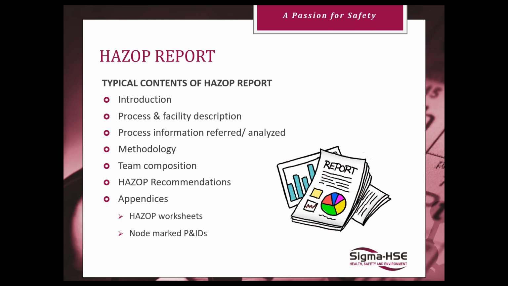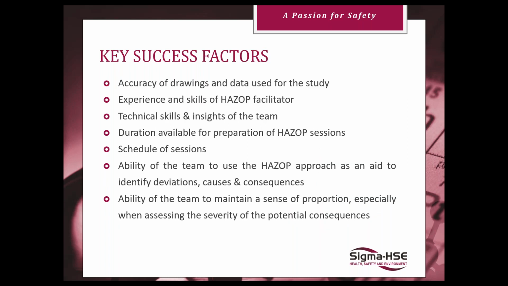You want to make sure you're identifying any potential changes to your HAZOP that would come from the changes on those drawings. Description of the methodology used, the composition of the team, including roles and levels of expertise for each member, any of the recommendations that resulted from the HAZOP study, and then appendices, including the marked up PNIDs and the HAZOP worksheets from whatever software package was used.